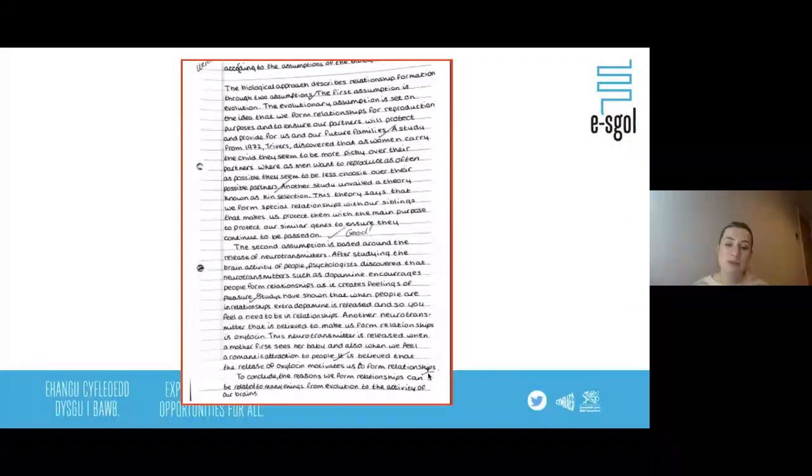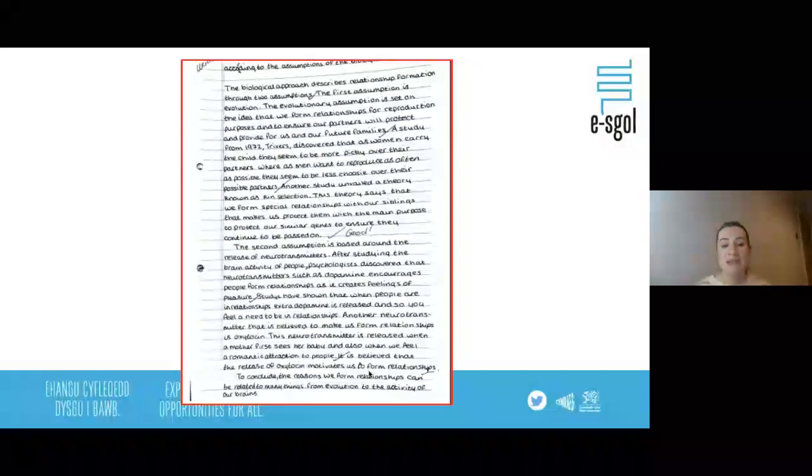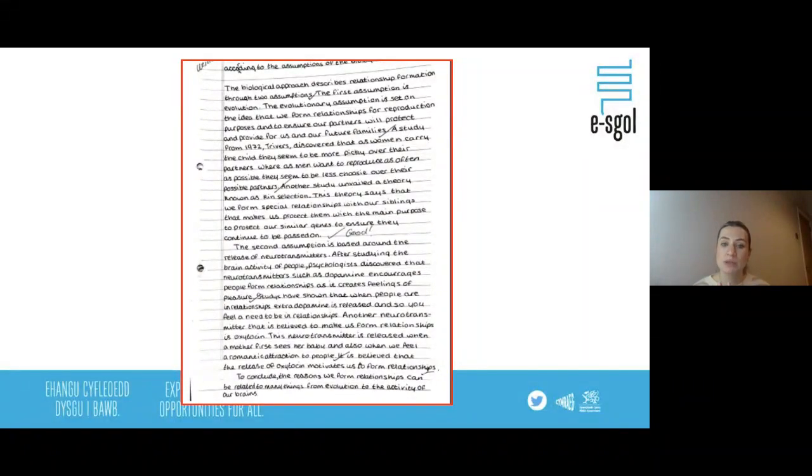Yes, there is a little bit of detail lacking, like I said before with oxytocin. Why does it motivate us to form relationships? They've made some statements, they haven't backed it up with detail. Also, one thing to note, they've concluded this question, they didn't need to, because it's not an evaluation question, it's only a describe, and we only need to conclude evaluation questions.